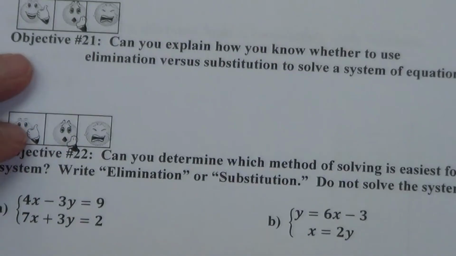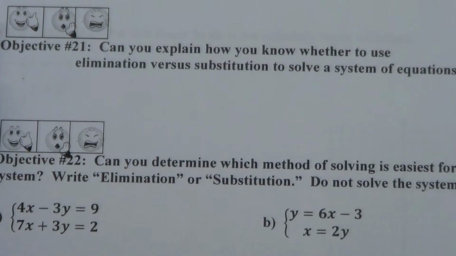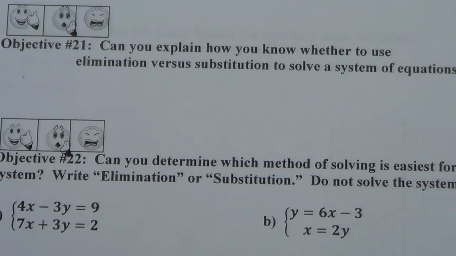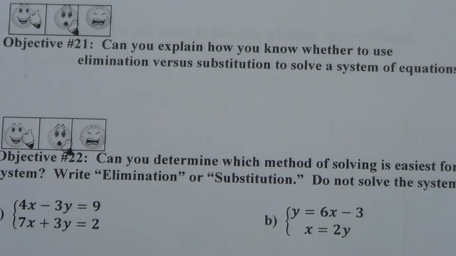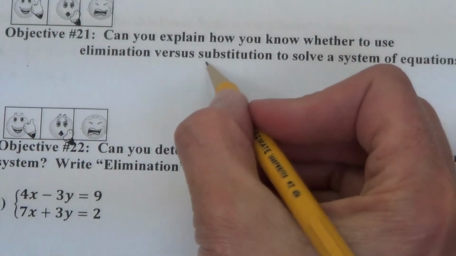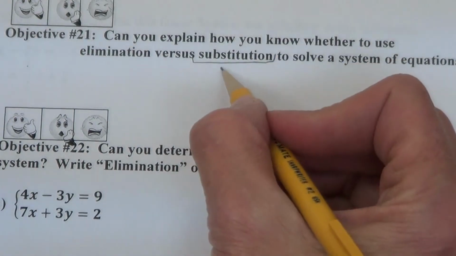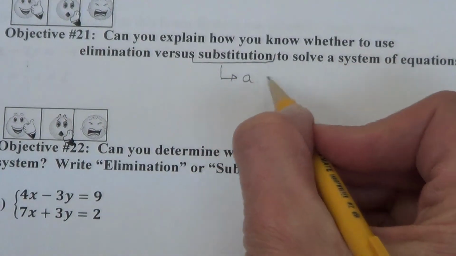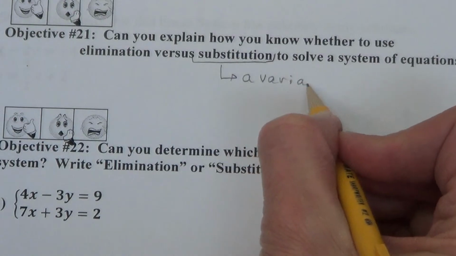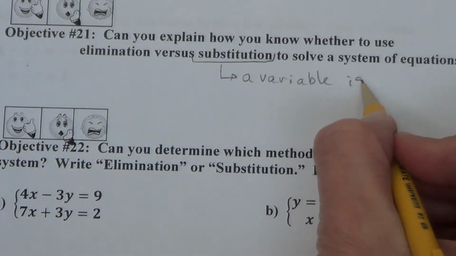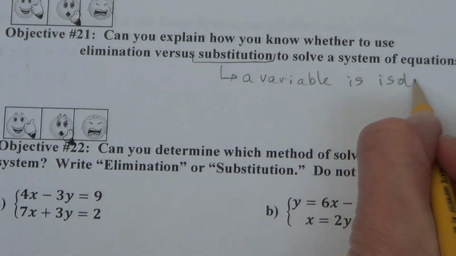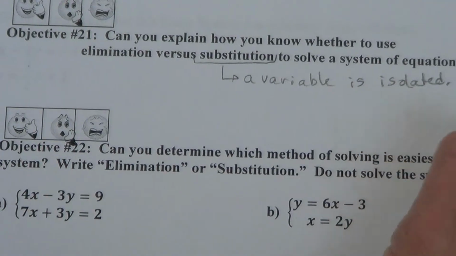Okay, we're on to page 9. Can you explain how you know whether to use elimination versus substitution to solve a system of equations? Well, remember, for substitution, it's easiest if a variable is isolated. That's when it's easiest to use.